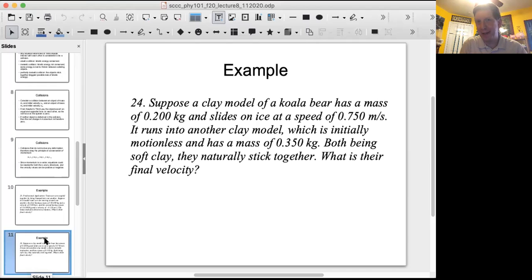So the ice is basically a way of saying neglecting friction. It won't necessarily be zero, but if the collision is more or less instantaneous, friction won't have enough time to significantly affect the result. So if you're looking immediately before the collision and immediately after the collision, friction won't have enough time to significantly affect the results.